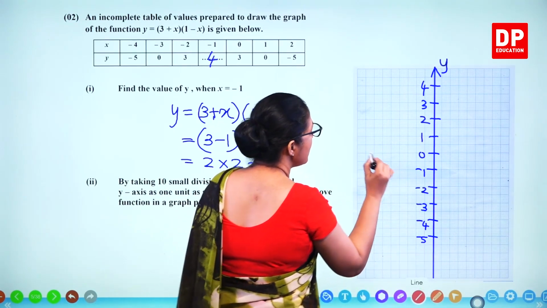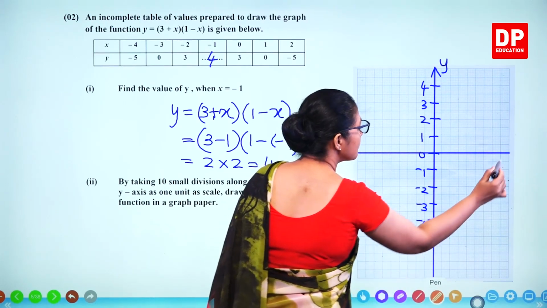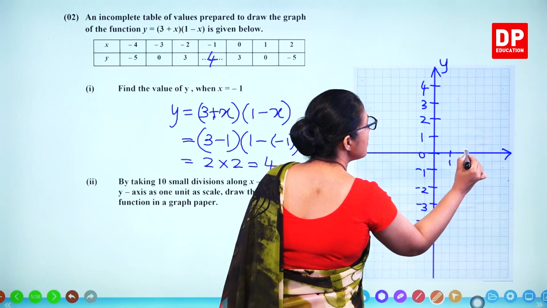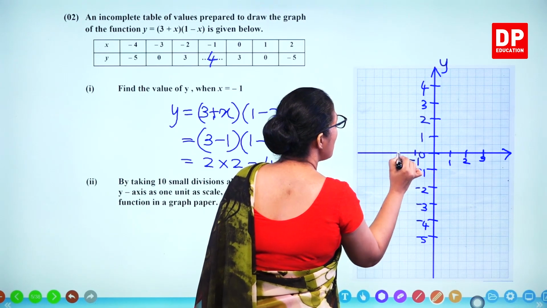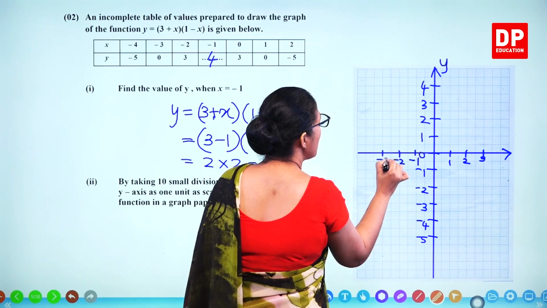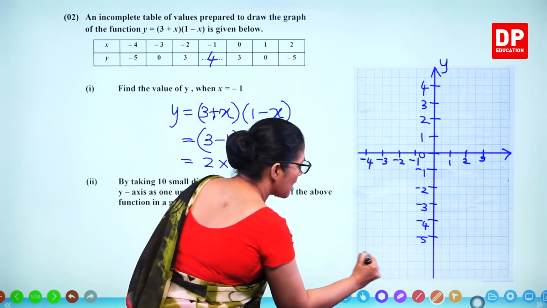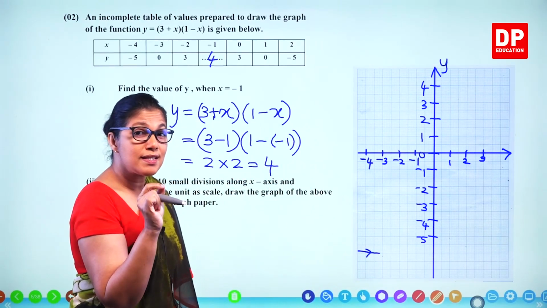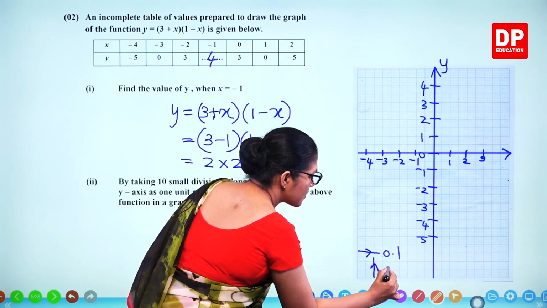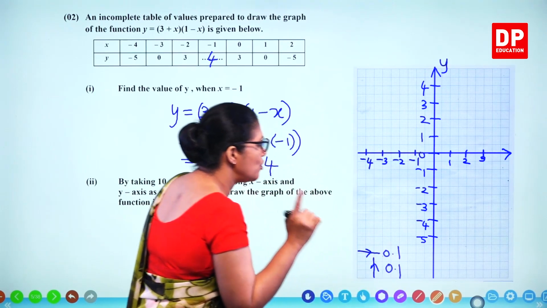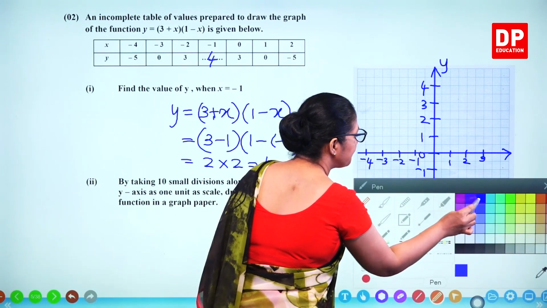So here we'll draw the x-axis now. 1, 2, 3, -1, -2, -3 and -4. So along this side, each division is 1 over 10, 0.1. And along the y-axis also we took 10 squares as 1 unit. Now we can mark the points.